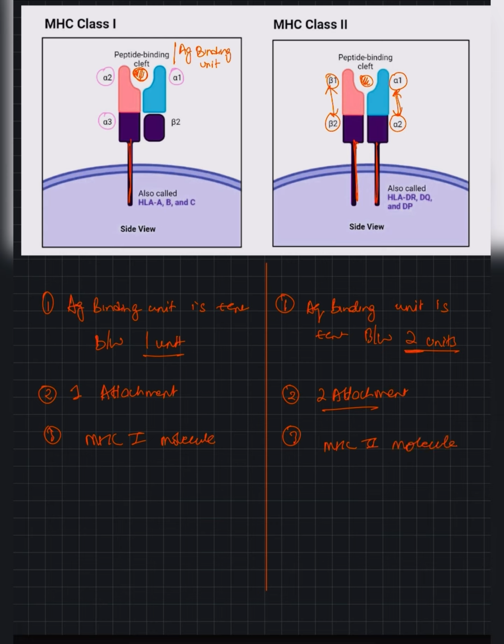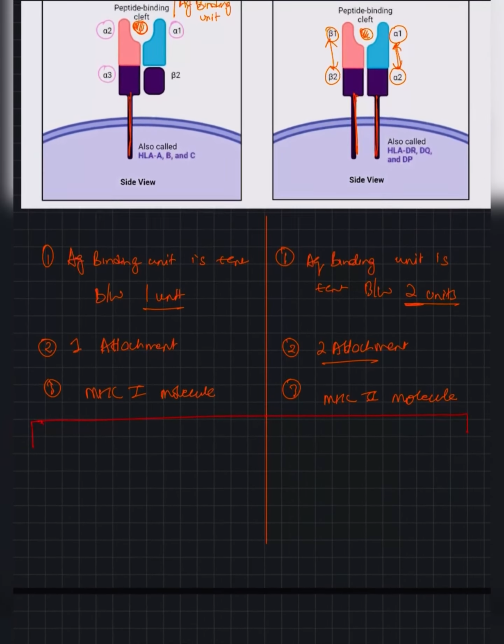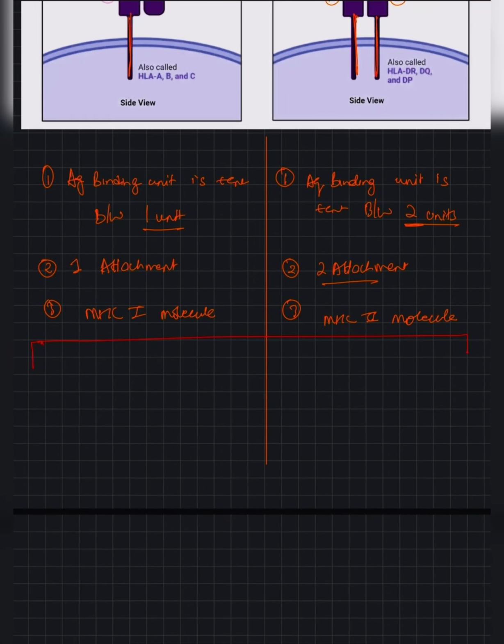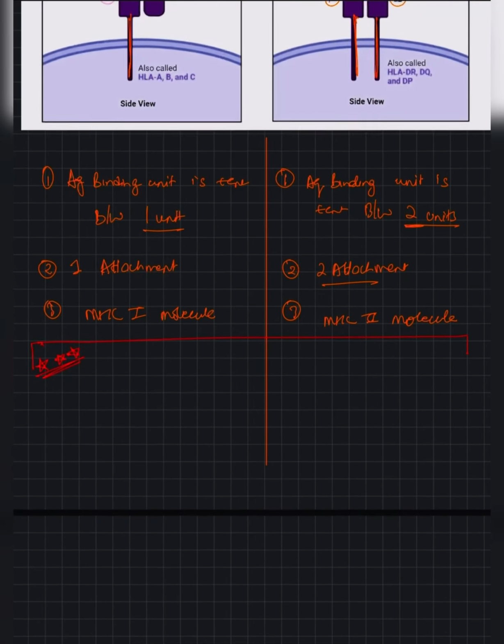Now the important line. This line must be memorized, just cram it, because this is a very important point in the immune system, or the complete immunology. First let us see the location.